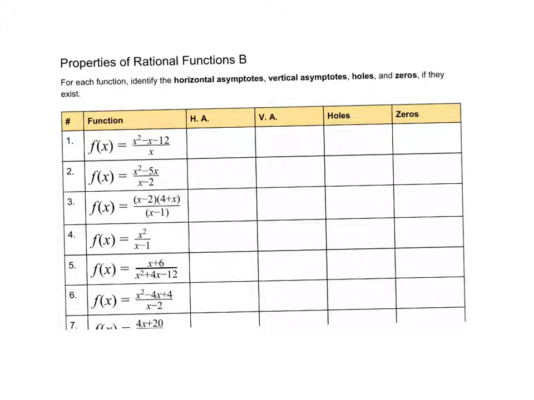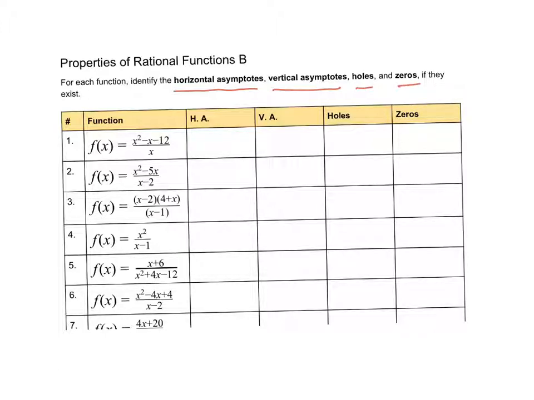We've been studying the properties of the graphs of rational functions, and in particular, we've been focusing on identifying four special features of those graphs: horizontal asymptotes, vertical asymptotes, holes, and zeros.